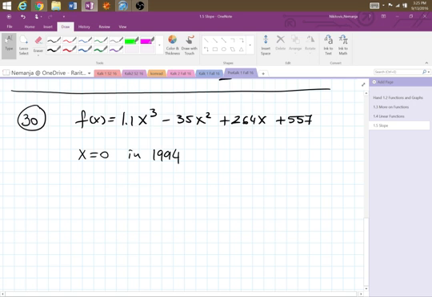Find the average rate of change, rounded to the nearest whole number, from 2001 to 2006.